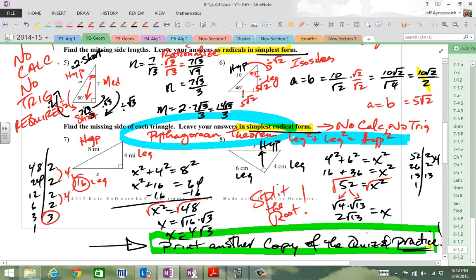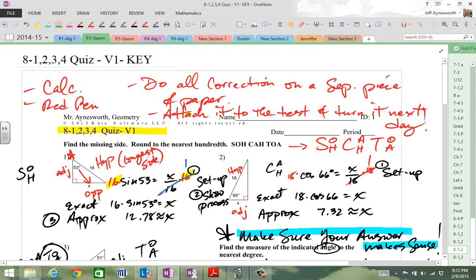And then after you do that, look up here, go back up to the very top. I asked you to attach a copy, right? Attach your corrections. Attach the corrections and practice copy to the original quiz.